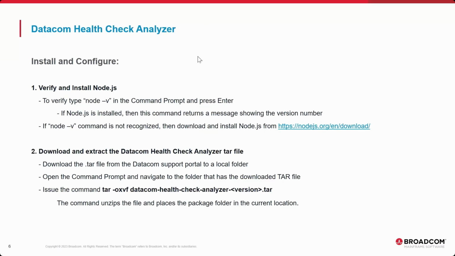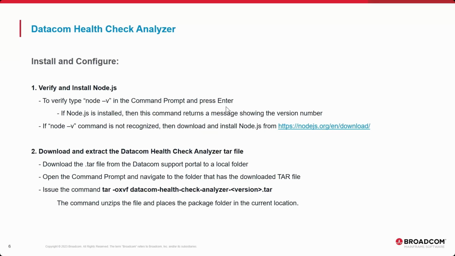These are the steps we need to follow for installing and configuring the Health Check Analyzer. The first one is verify and install Node.js. To verify whether the Node.js is installed on our system or not, we need to open the command prompt and type node space -v and then press enter.